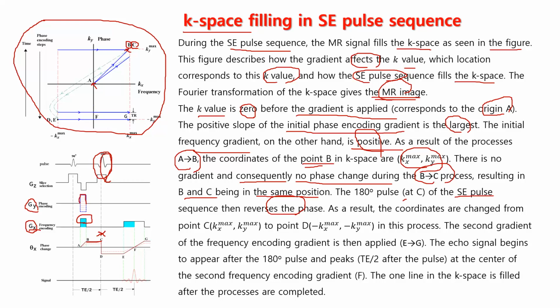So kx maximum becomes minus kx maximum, ky maximum becomes minus ky maximum, at this position D here. So as a result, coordinates are changed from C, kx maximum, ky maximum, to point D, minus kx maximum, minus ky maximum in this process.